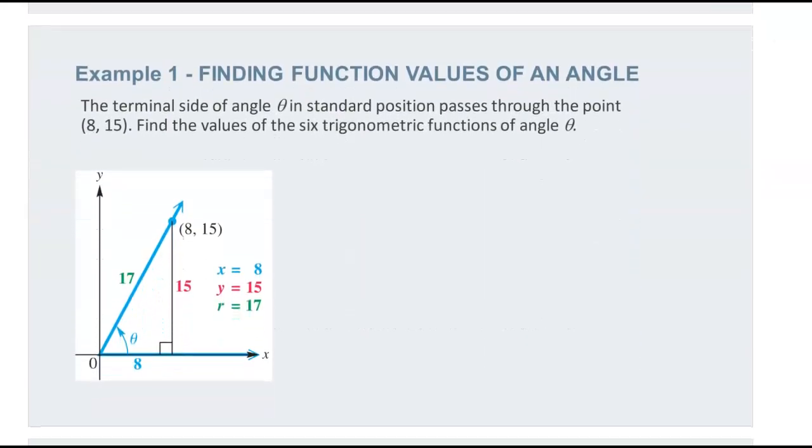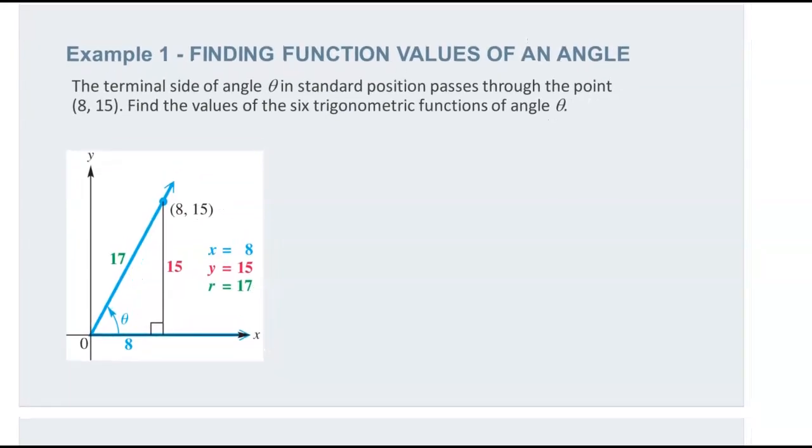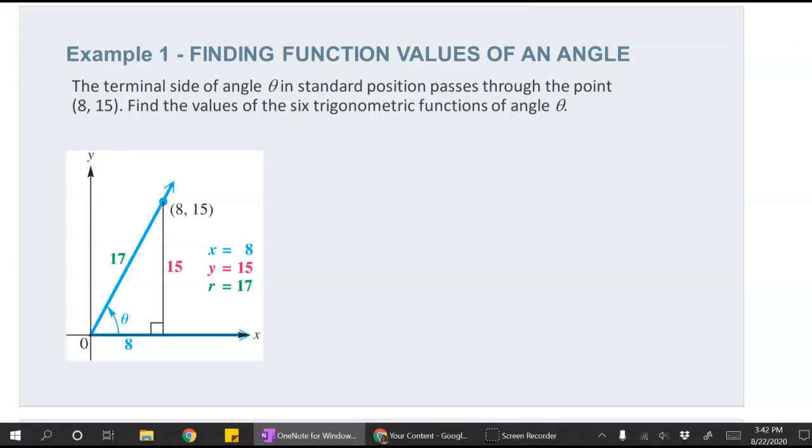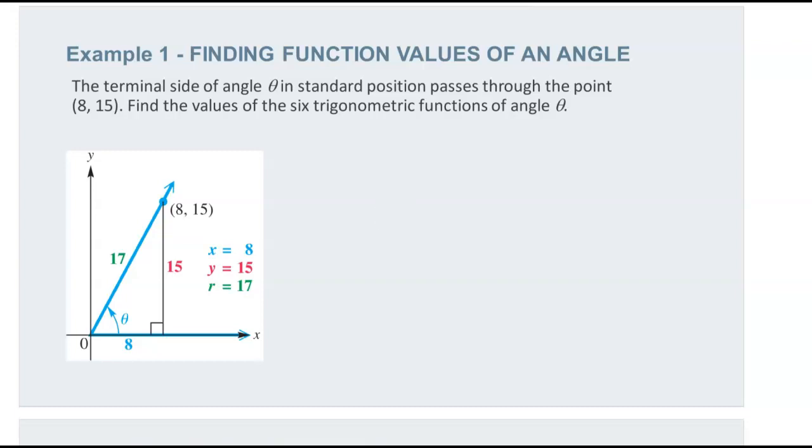In this example, we're going to find all of the function values for a given triangle, all 6 trig functions. The triangle is drawn for us. The point was 8, 15, and so we can see that the point is plotted. That tells us that the x coordinate is 8, the y coordinate is 15, and to get the 17, the Pythagorean theorem was used, right?